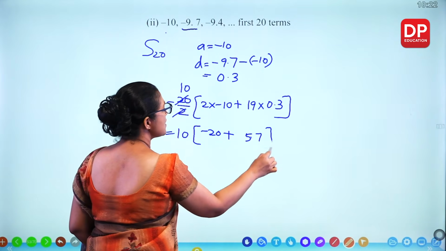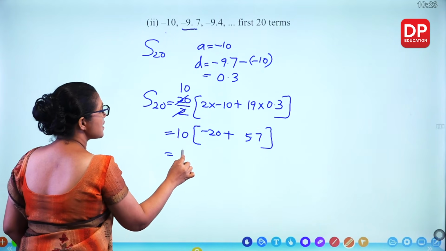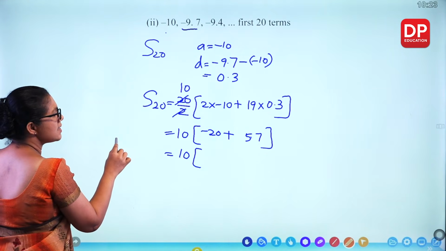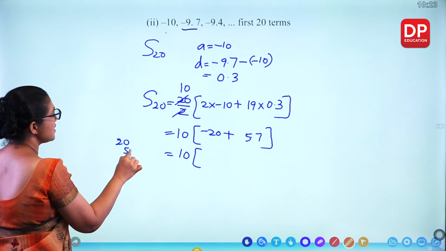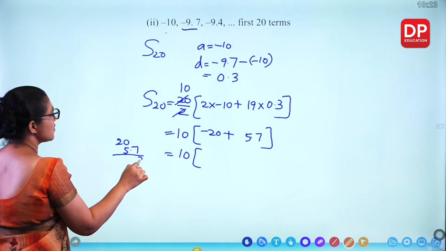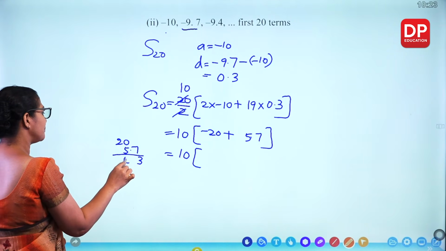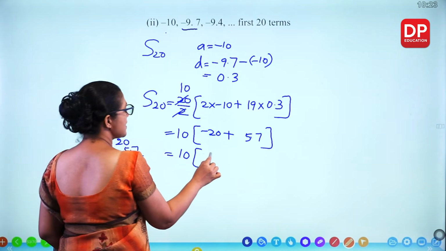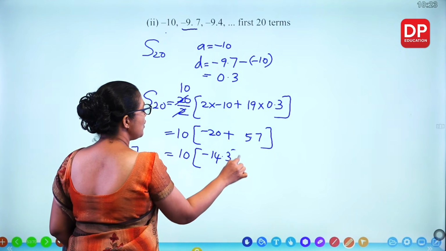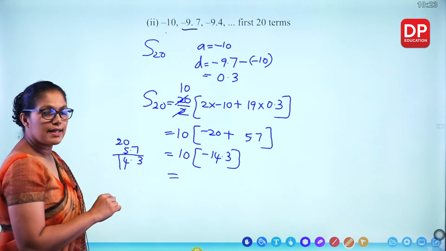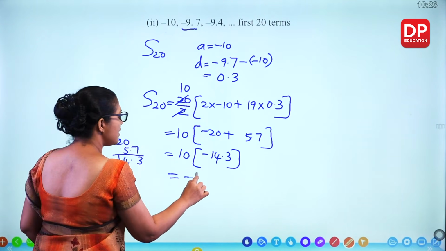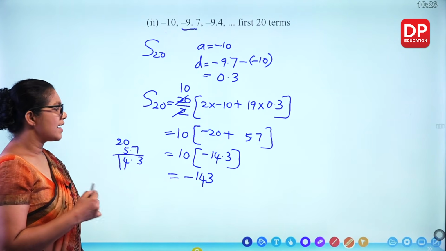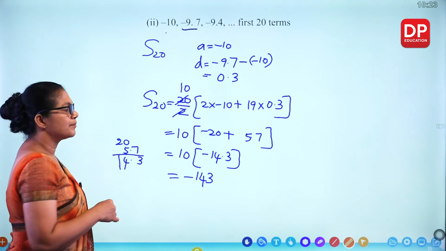So you have to put a decimal place. So what's the answer? 10 times the difference of 20 and 5.7. So you get 14.3, that's negative. When you multiply by 10, you get 143, but this is negative. So negative 143.